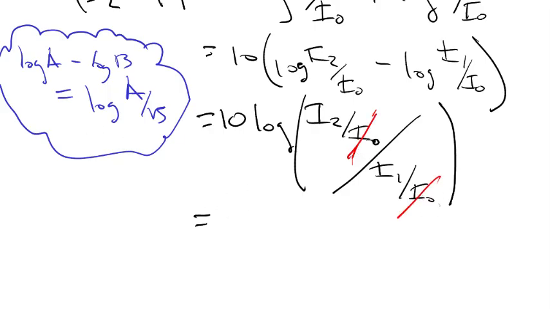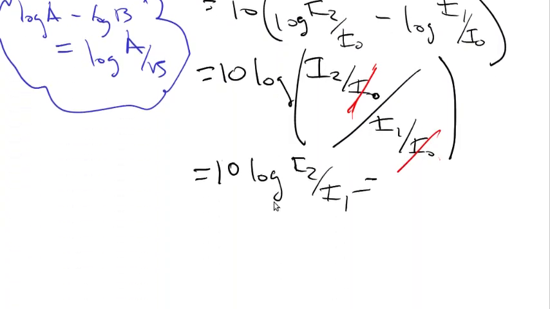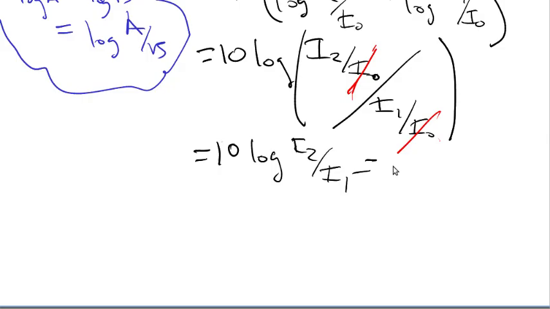And what remains is 10 log I2 over I1. And we already have I2 over I1. It's right here. It's 12.25. Plugging in, we get 10 log 12.25.